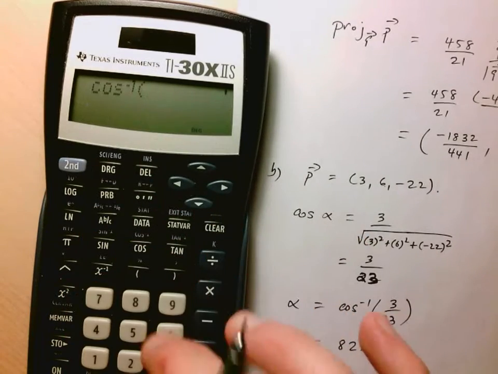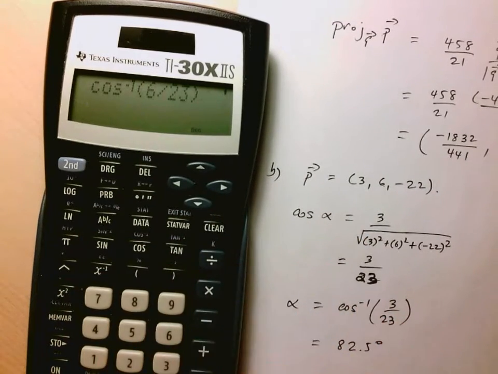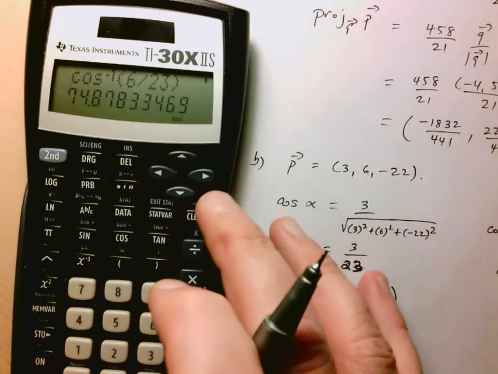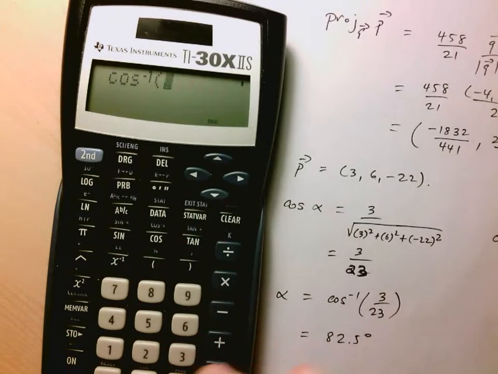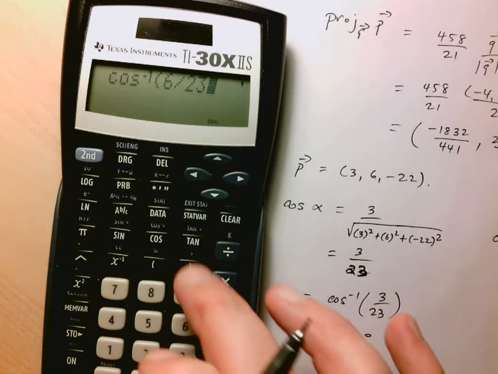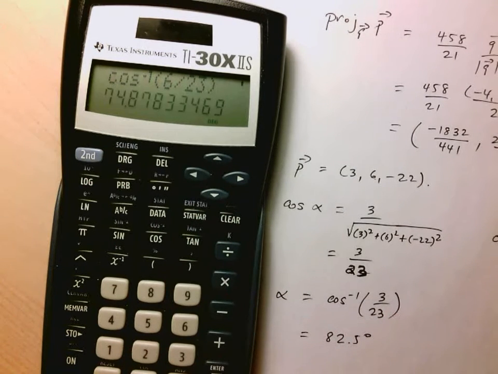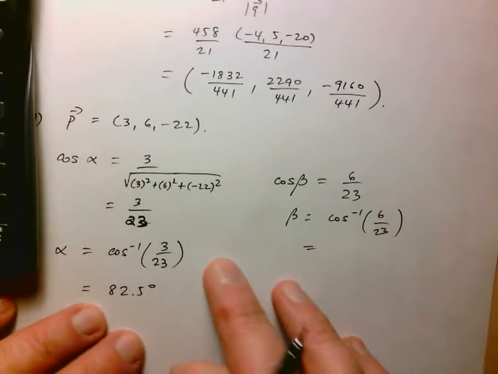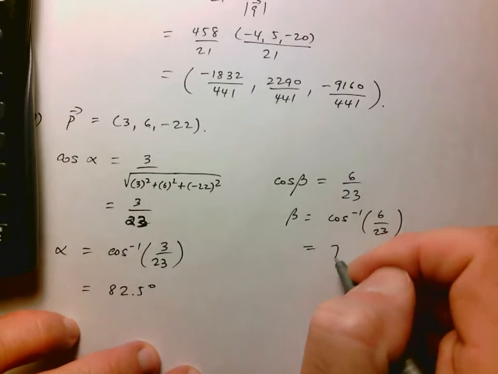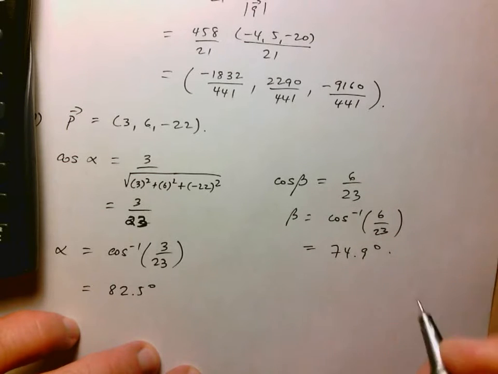Let me just try that again. Cos inverse of 6 over 23. Yeah, 74.9. I felt like I clicked something incorrectly there. So here we have 74.9 degrees.